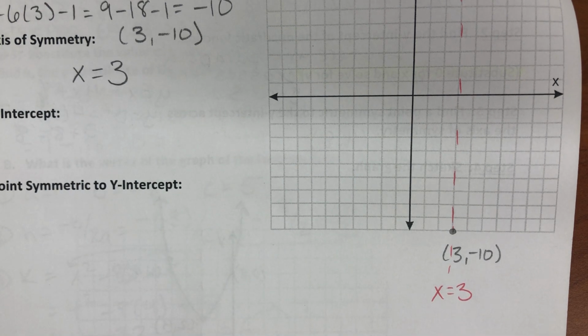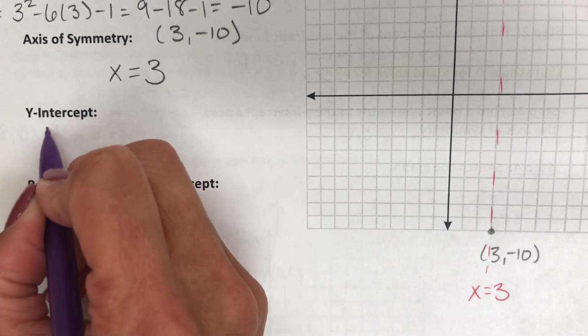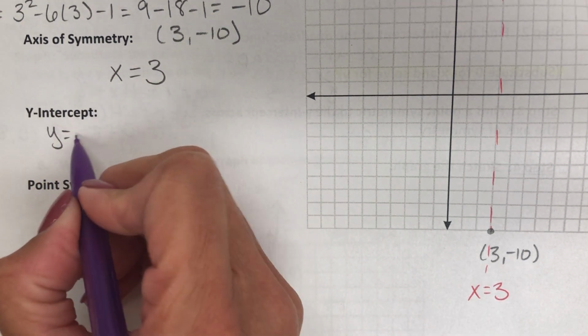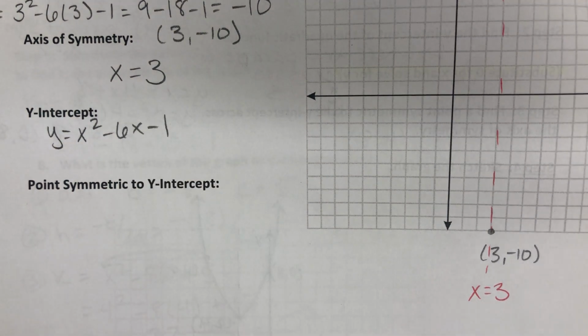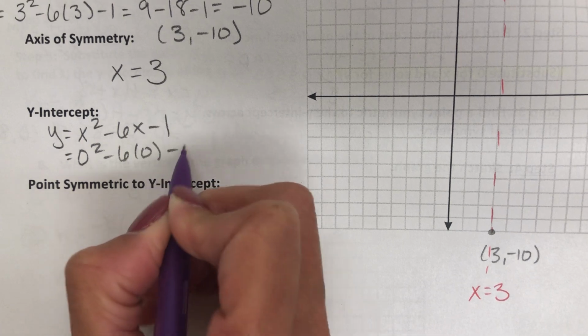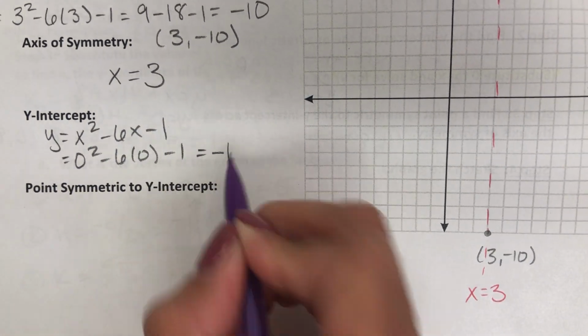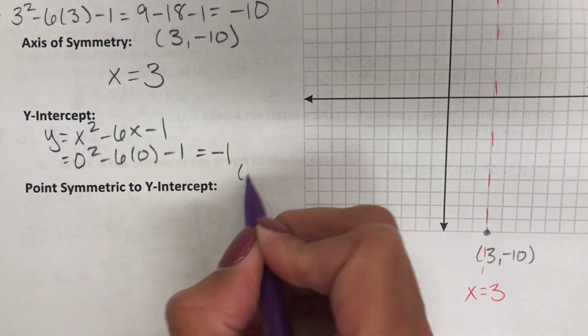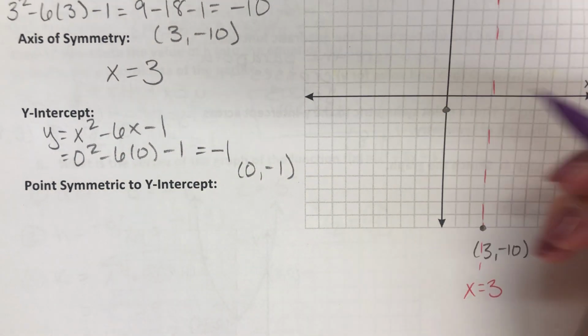Now I need to find the y-intercept. So you do that by plugging in 0 for x. So there's my equation, and I'll plug in 0 for x. 0 minus 0 minus 1 is -1. So I'm going to plot the point (0, -1) right there.